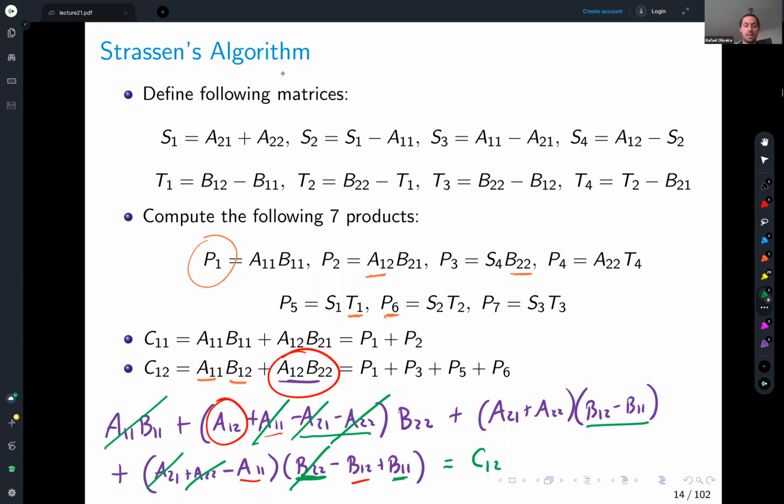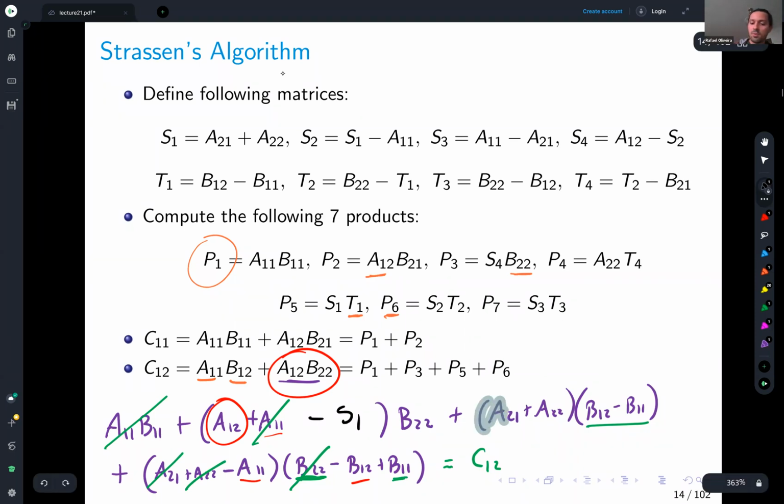Okay, so I guess the decomposition that we could have done, if you want to see this in a simpler manner, let me just do in hindsight the decomposition, right? So we would have, oops, sorry, what was this here? It's minus S1, right? So this is minus S1. And this A21, A22, this is S1.